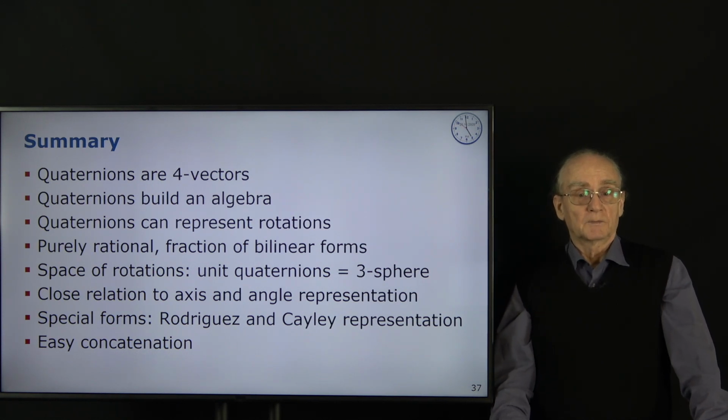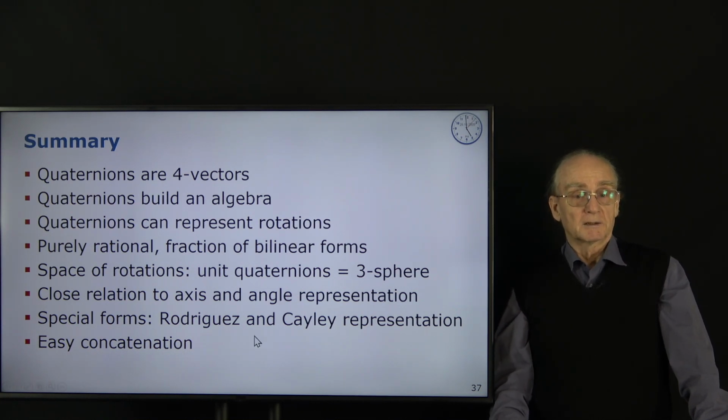And we have some special forms with only 3 parameters, which only work for angles which are not 180 degrees: the Rodriguez and the Cayley representation, and we have seen some advantages of these representations. Especially all these representations can be easily concatenated based on their representation.